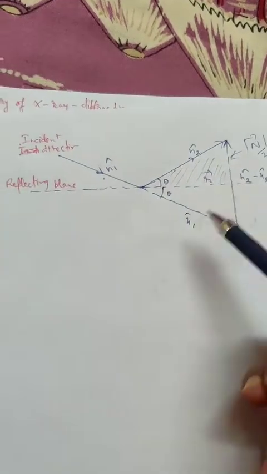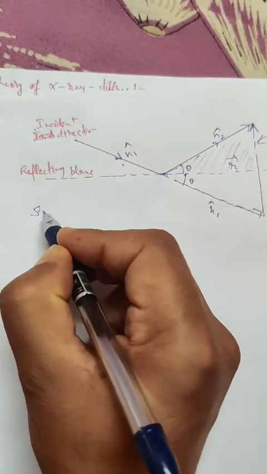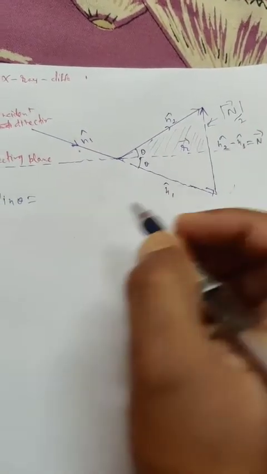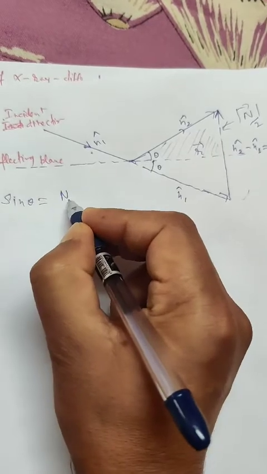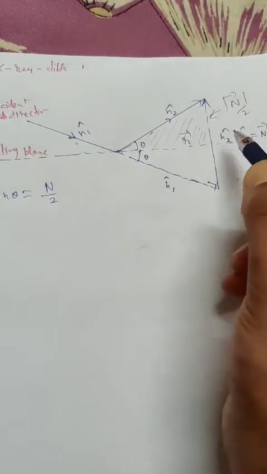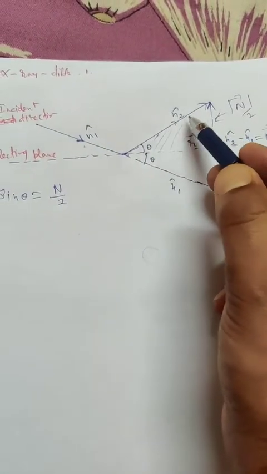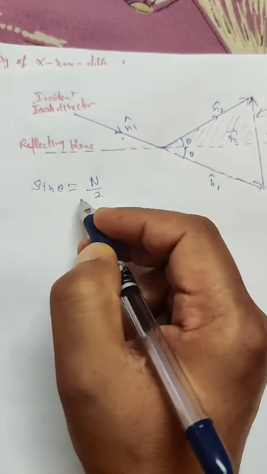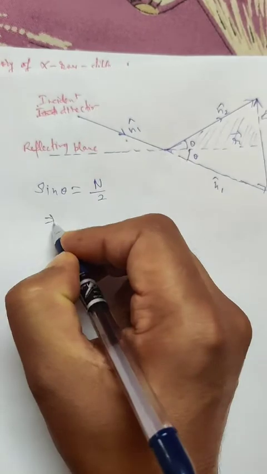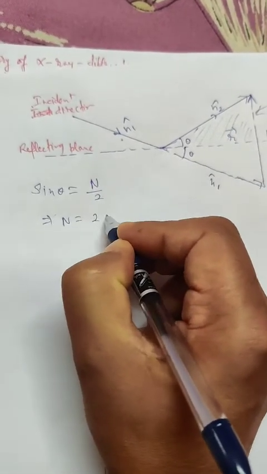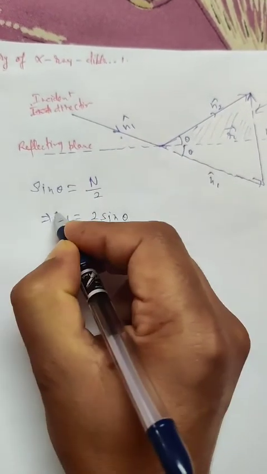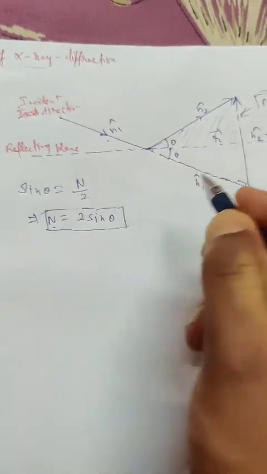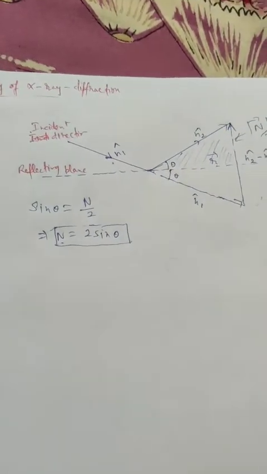If you find the sine theta from this diagram, sine theta will be p, which is n upon 2, and h, taking the magnitude, will be 1. So from here, this is 2 sine theta.